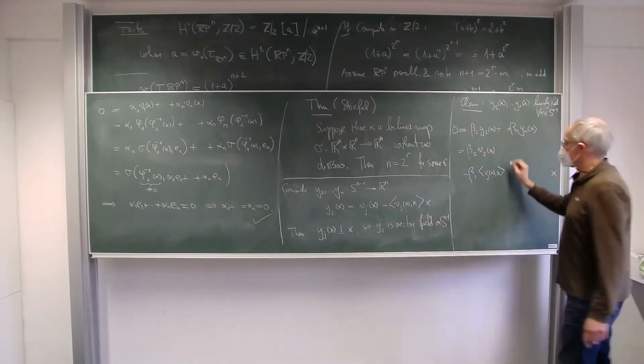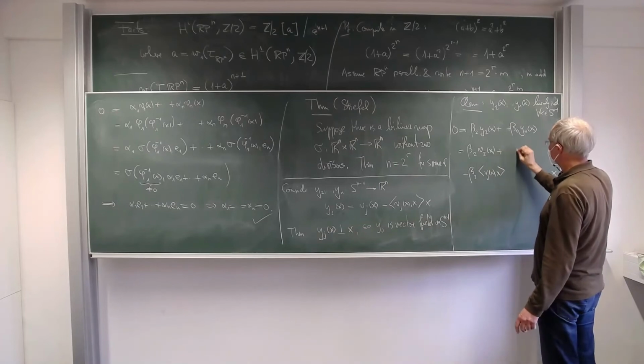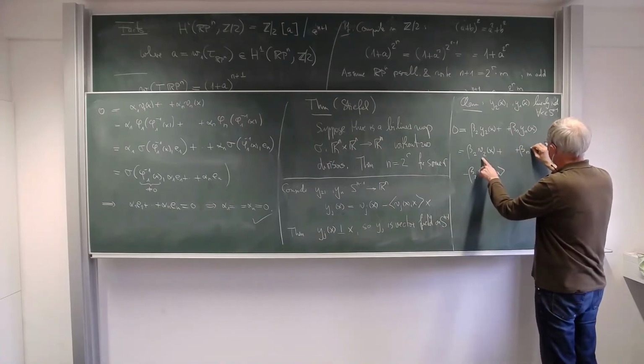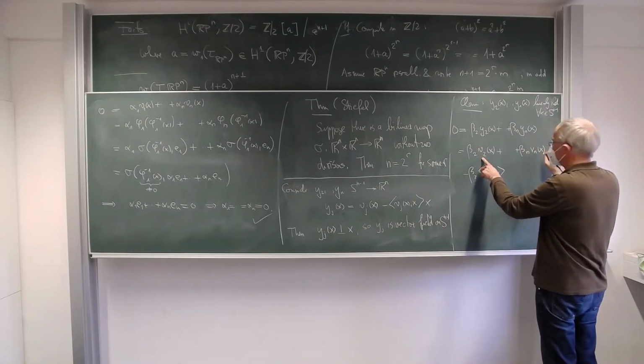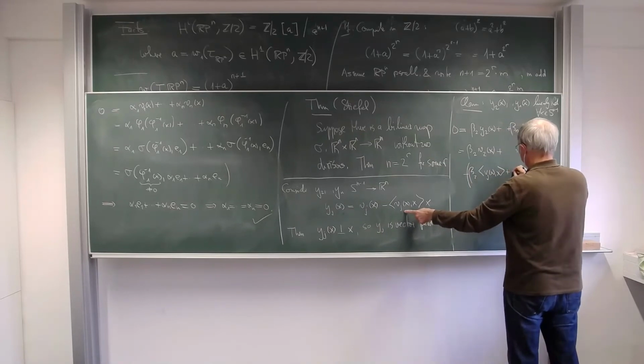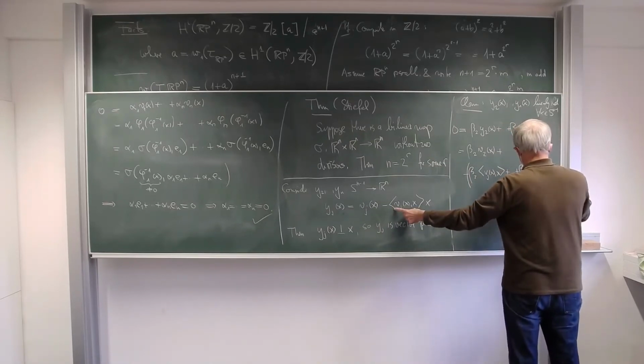For the first term, and similarly for the others, then I get β_n v_n of x minus β_n, this term is the scalar factor times x.